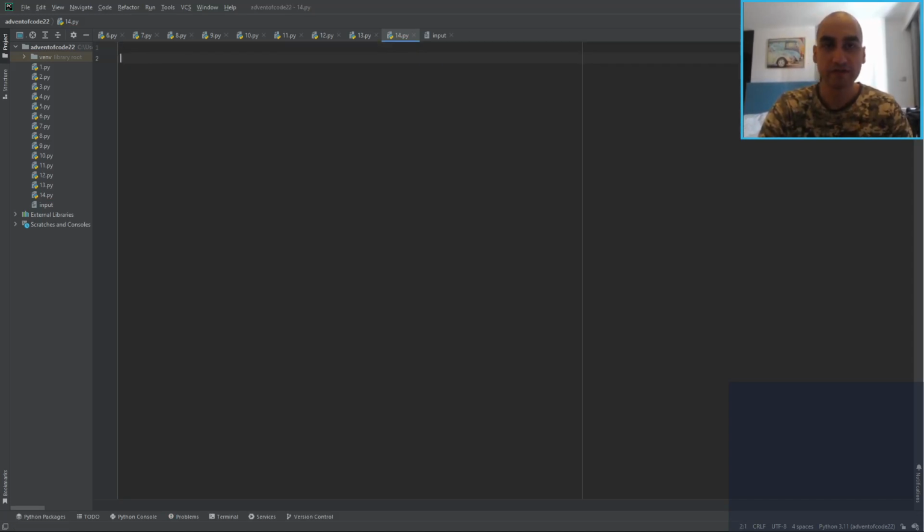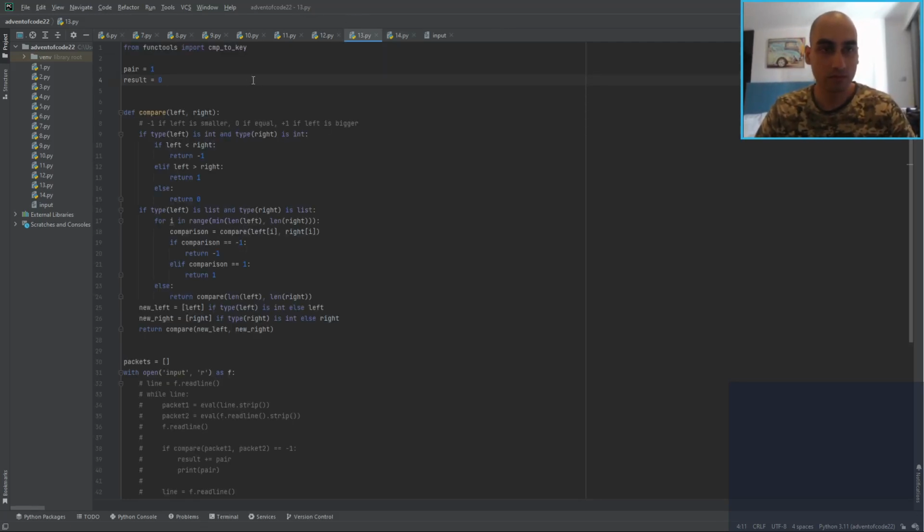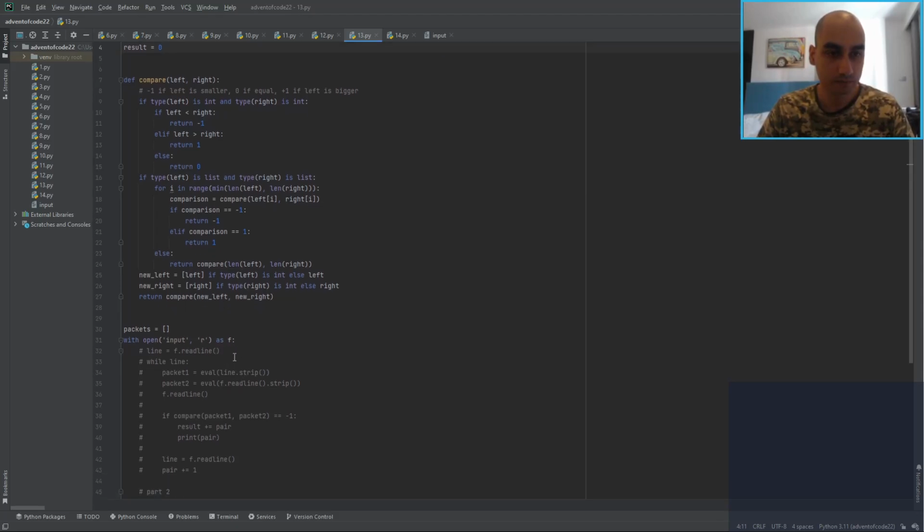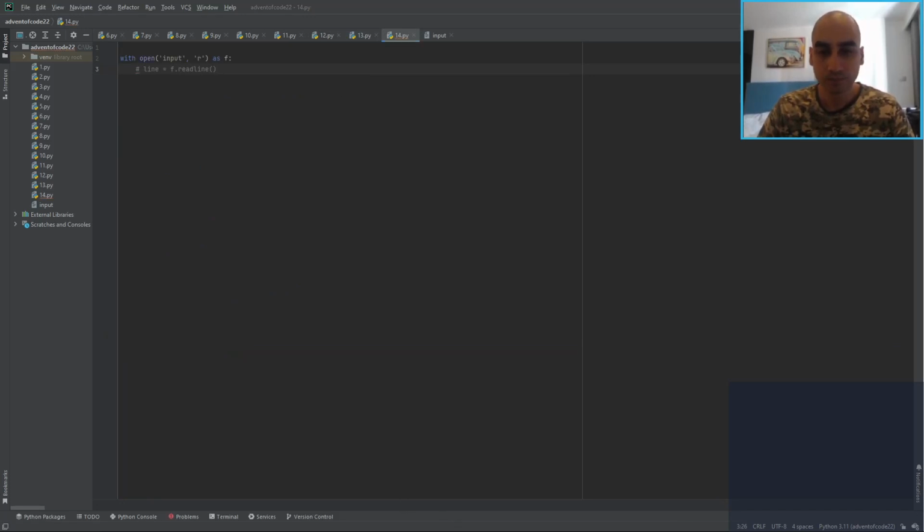Alright, first let's just work out what the dimensions are, because this is bothering me. For line in f read lines.